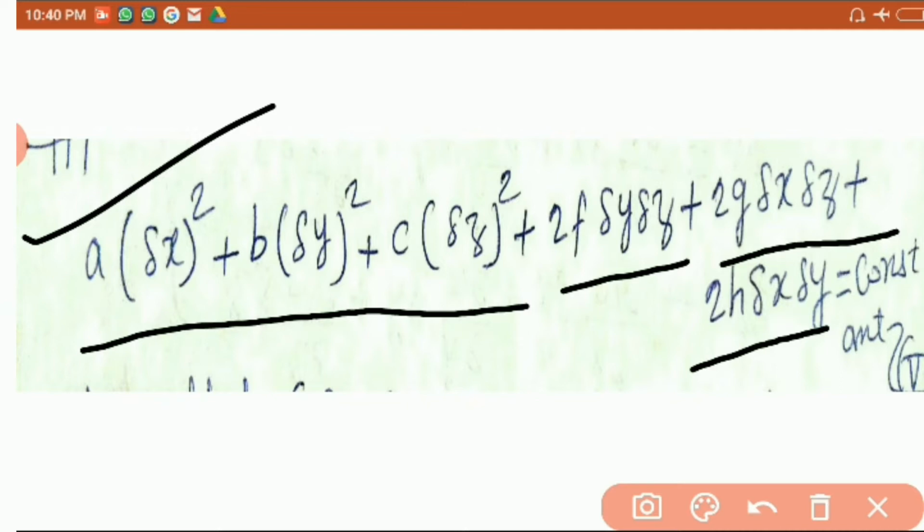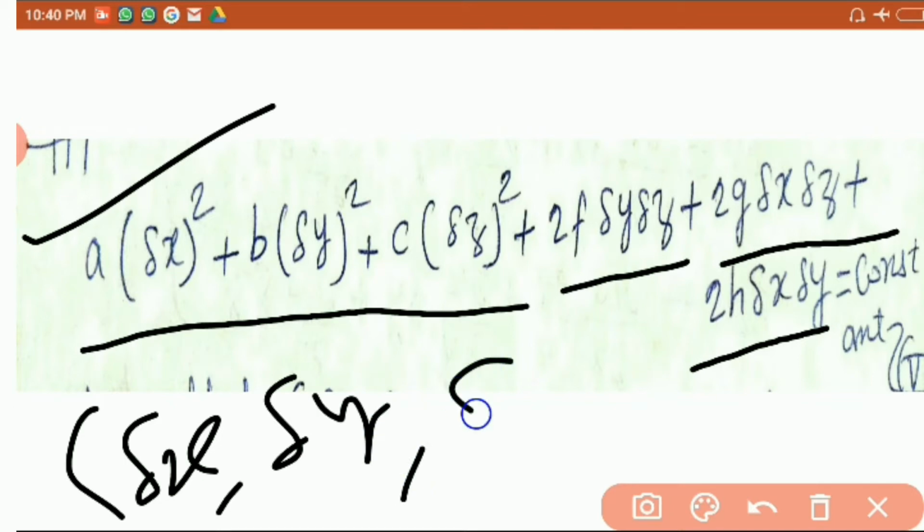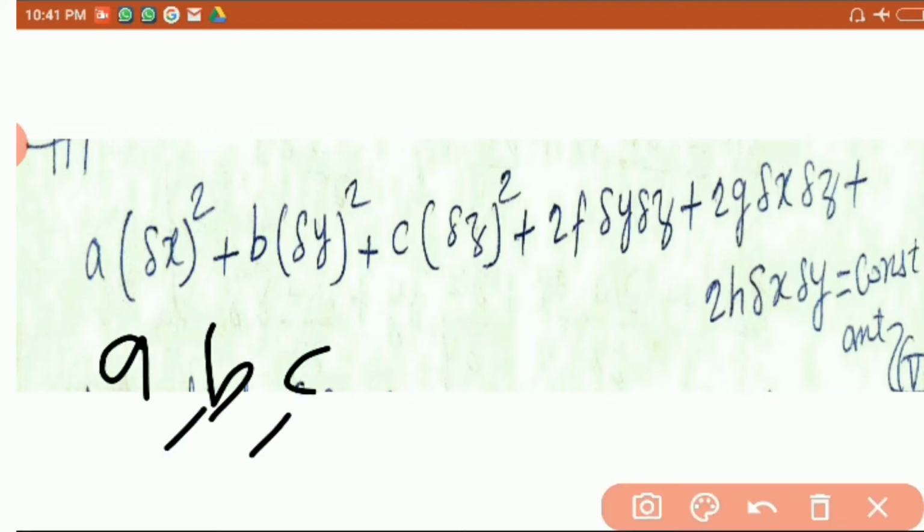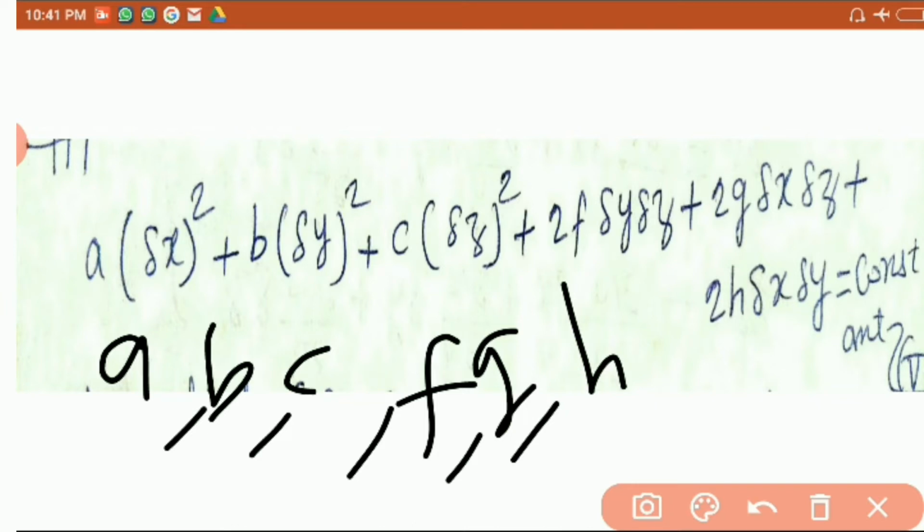This is the equation 5, in which delta x, delta y, delta z are taken as the current coordinates, and the coefficients A, B, C, F, G, H are the constants with respect to the coordinates, so that this equation 5 is a quadratic whose center is P.